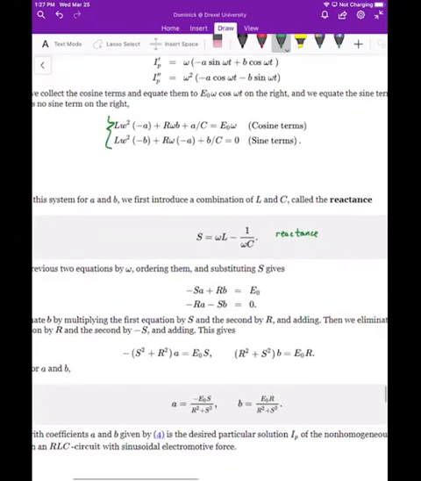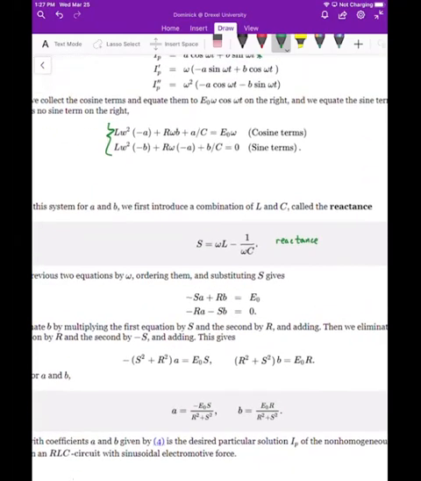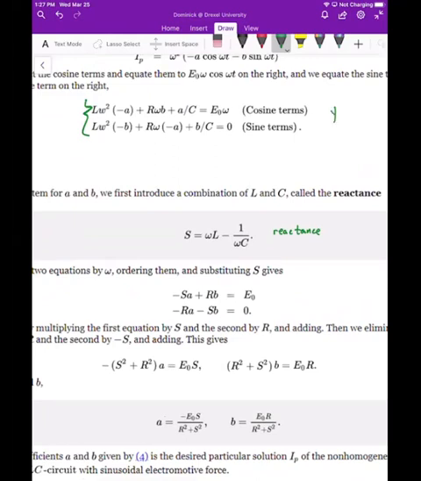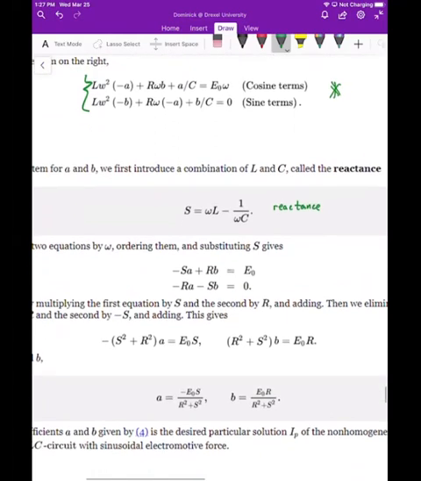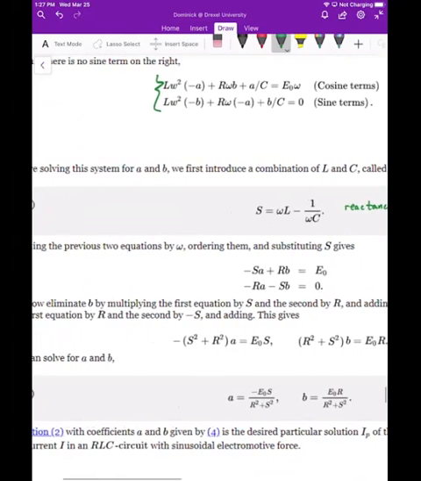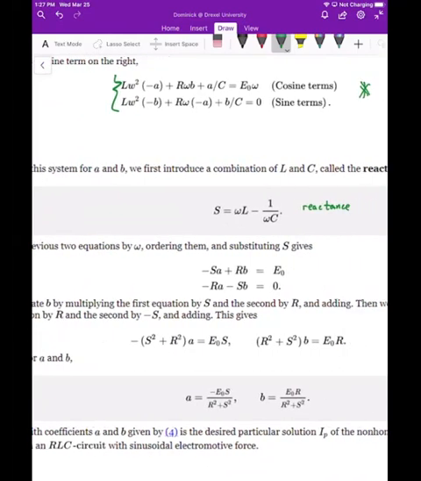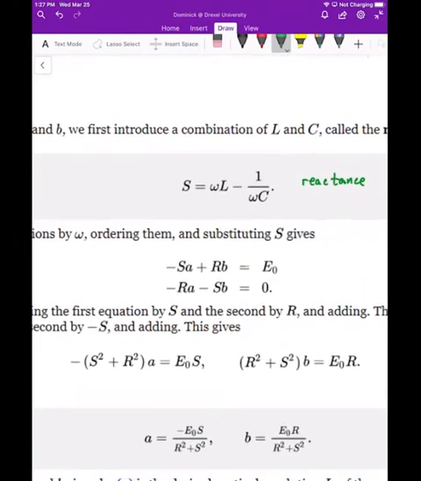So now, of course, if we substitute in for S into our systems up here, and if we divide by omega and then substitute back in for S, we now arrive at these two equations here.